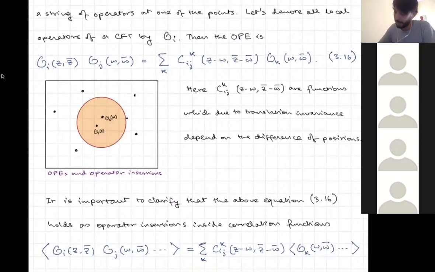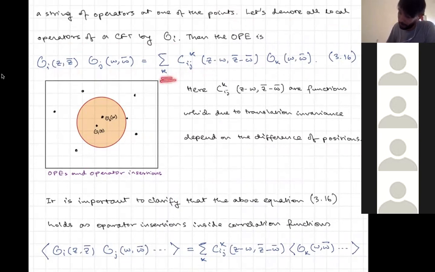Let's denote all the local operators in a CFT by O_I. Then some O_I at z, z̄ and some O_J at ω, ω̄ will be approximated by these functions C_IJK times a string of operators.